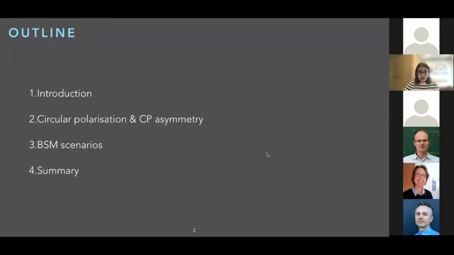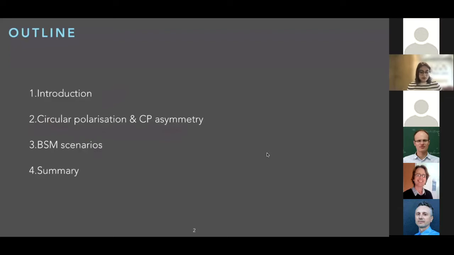So the outline of the talk is a small introduction and motivation. Then I want to go into more detail about the relationship between circular polarization and what we call CP asymmetry, how they are related. This is going to be in a very general way, in the sense that I won't introduce any kind of interaction yet.